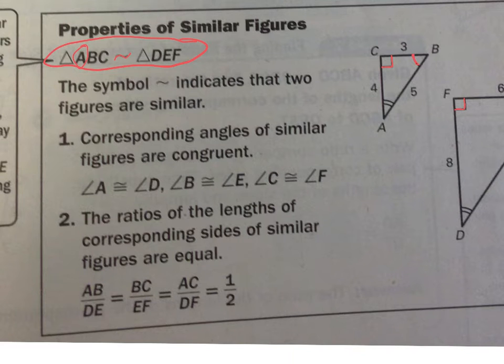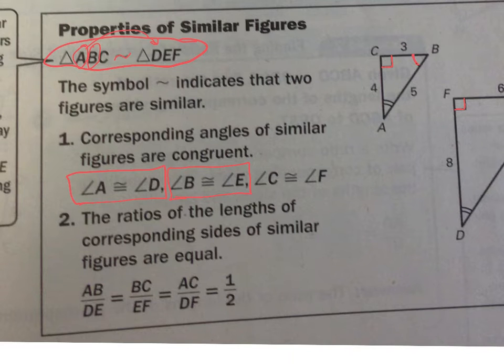Its corresponding angle is the one that sits in the same spot, which is angle D. So angle D is congruent to angle A. Since angle B is in the middle, what letter sits in the middle of the other triangle, Sam? E. So angle B is congruent to angle E.